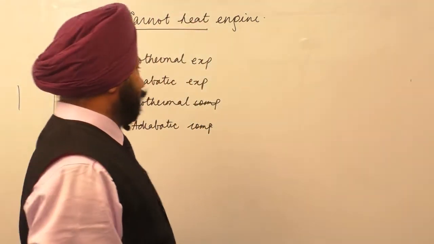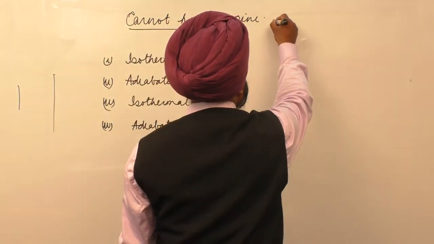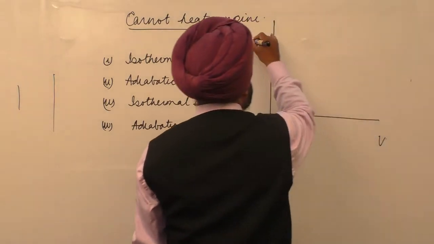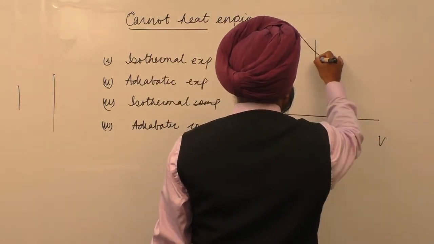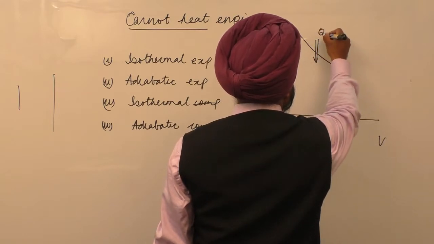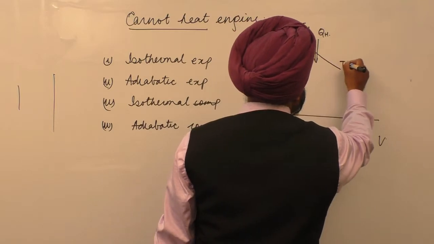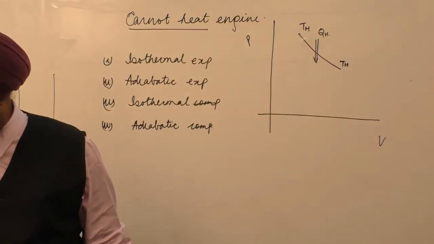So for the first part, what is done is that the piston cylinder arrangement is taken and it is placed on the heat source. Right? So what happens is that the working substance takes an amount of heat QH and expands isothermally at temperature TH.